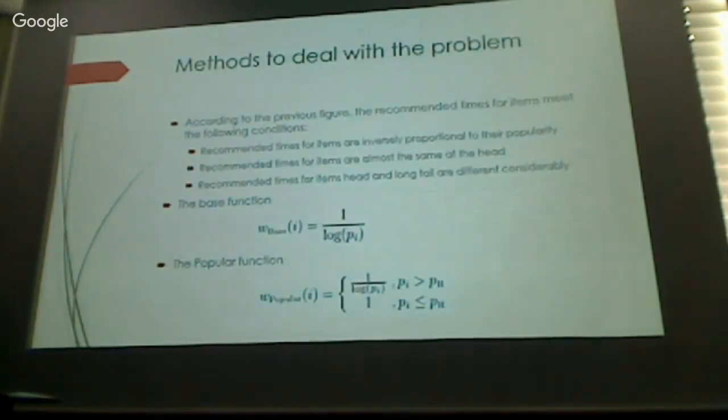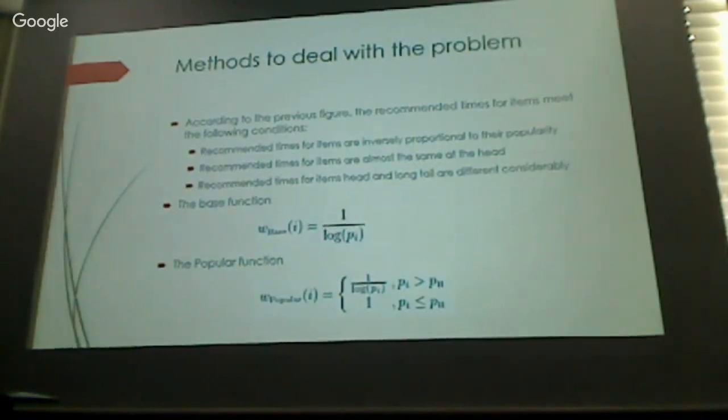Therefore, if we treat all the items the same way with that base function, this will not be appropriate. So instead of using the base function, they introduce the second function, which is the popular function, and they divide the whole items into two subsets using a predefined threshold. So only the head set of the items are adjusted by the weighting function.